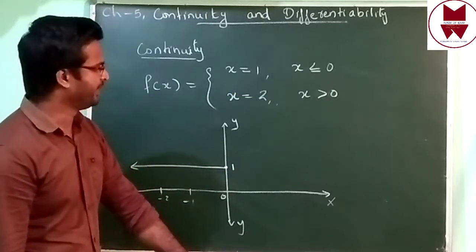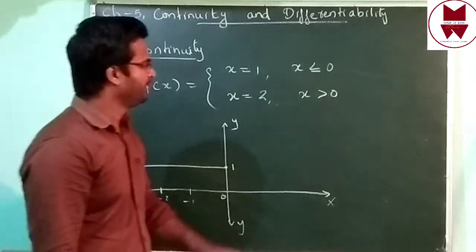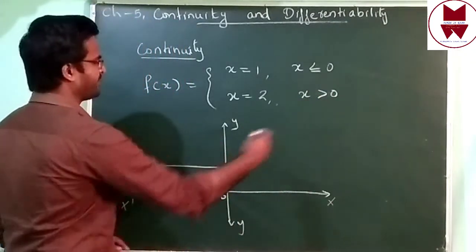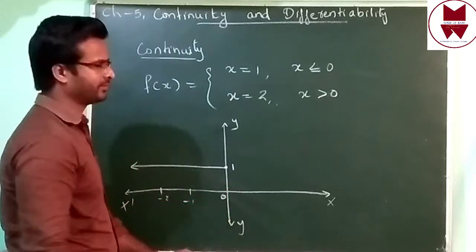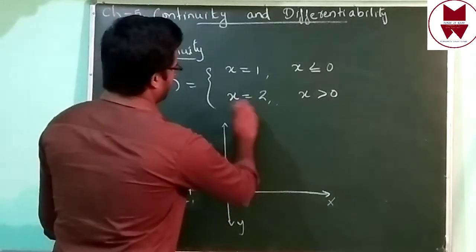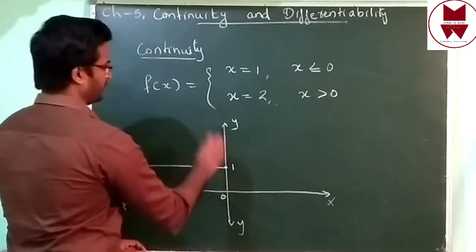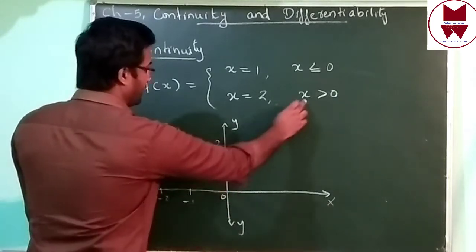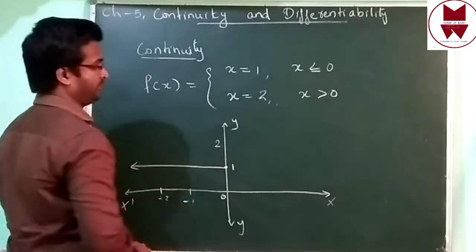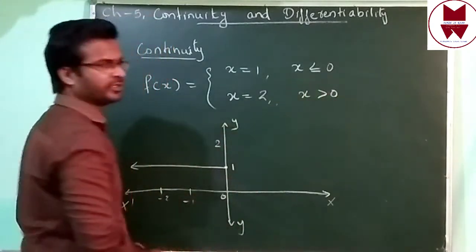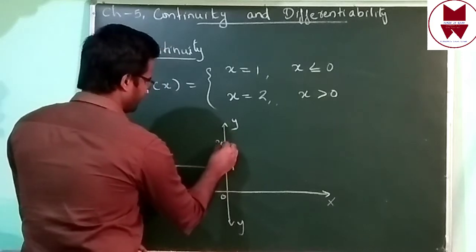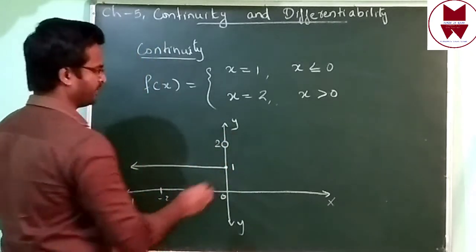Because here less than or equal to 0 is there. Then the next part, x greater than 0. Greater than 0 means the right side of our y-axis. What is the value of the function that time? 2. That means x greater than 0 only, so this point x equal to 0 we cannot consider.